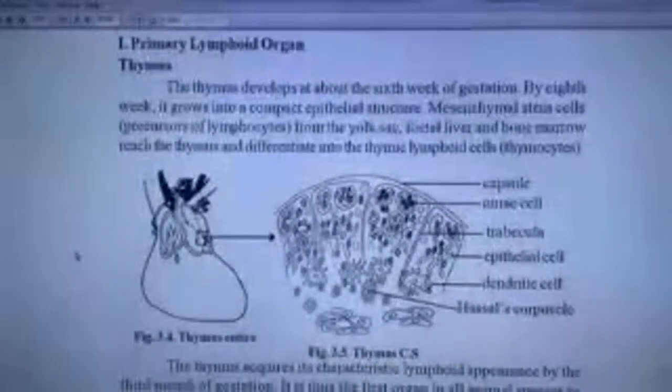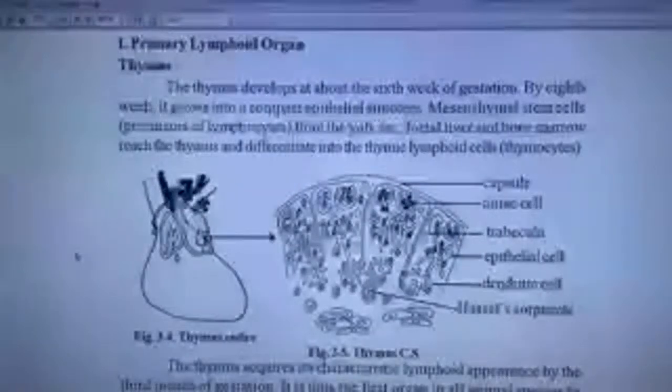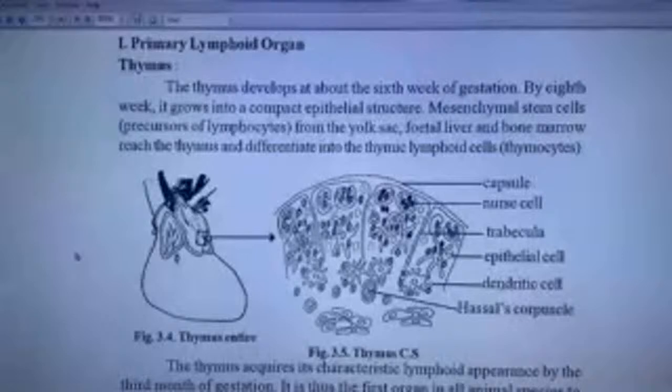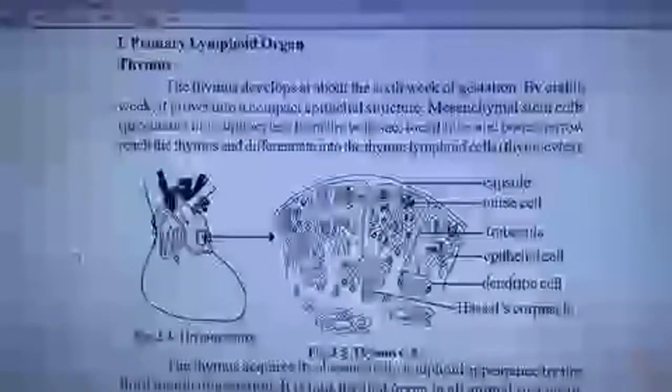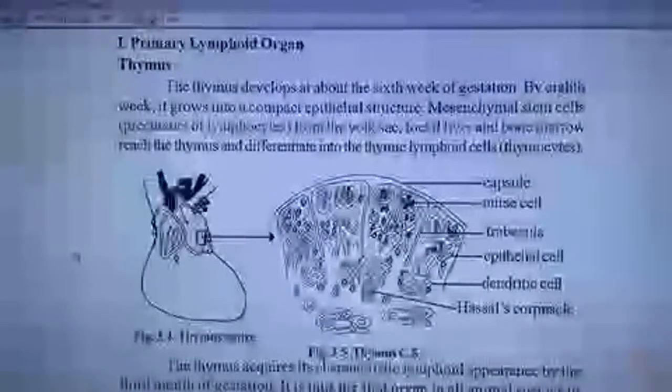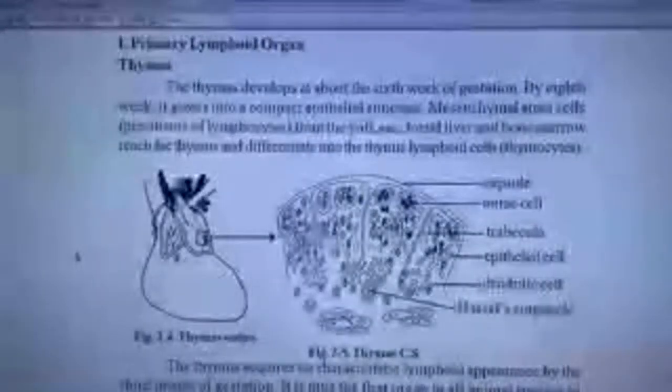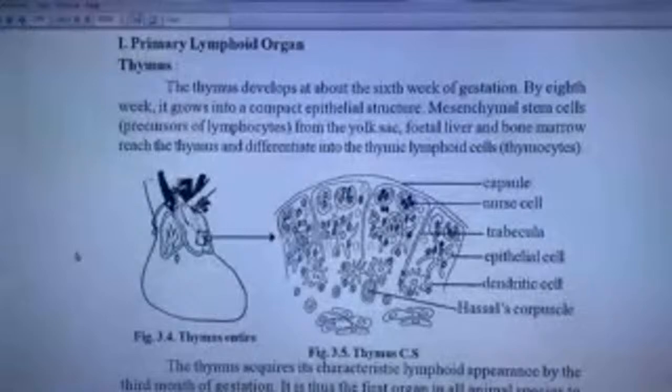Primary lymphoid organs: thymus. The thymus develops at about the sixth week of gestation. By the 8th week, it grows into a compact epithelial structure. Mesenchymal stem cells, precursors of lymphocytes from the yolk sac, fetal liver, and bone marrow, reach the thymus and differentiate into the thymic lymphoid cells, or thymocytes.